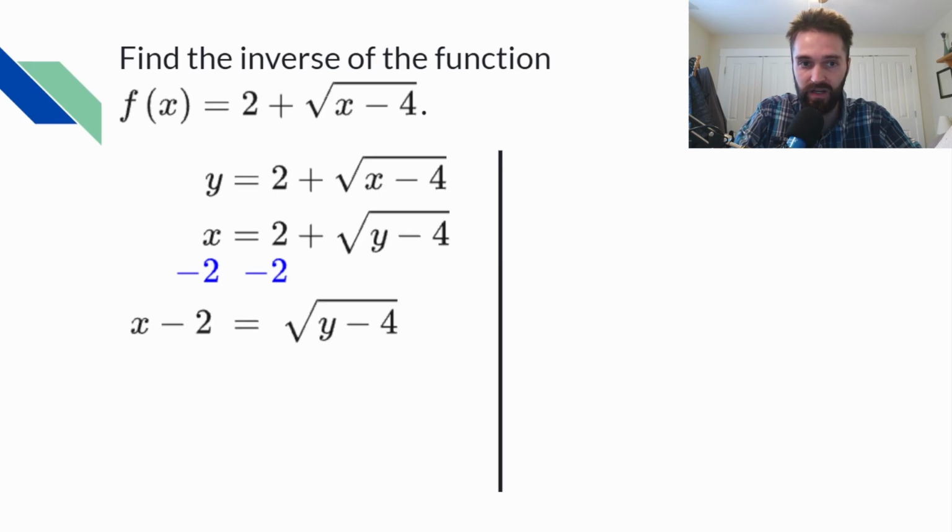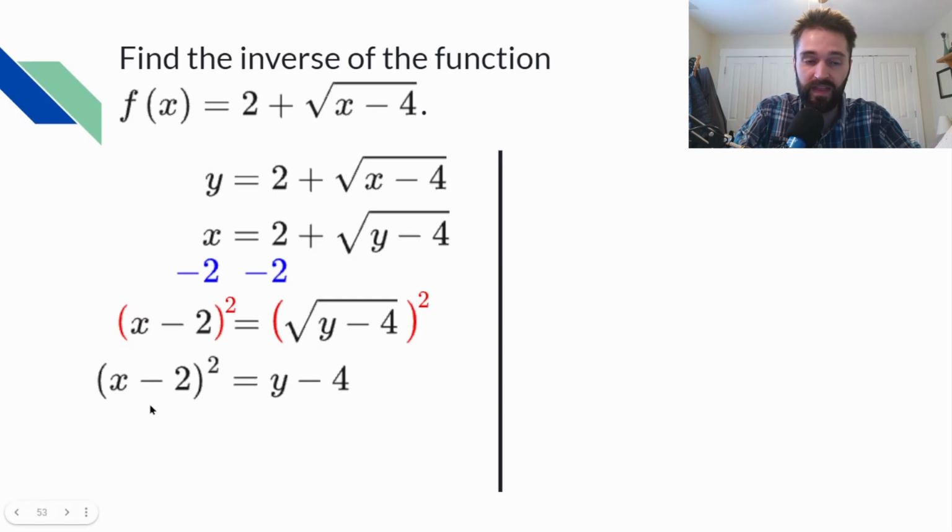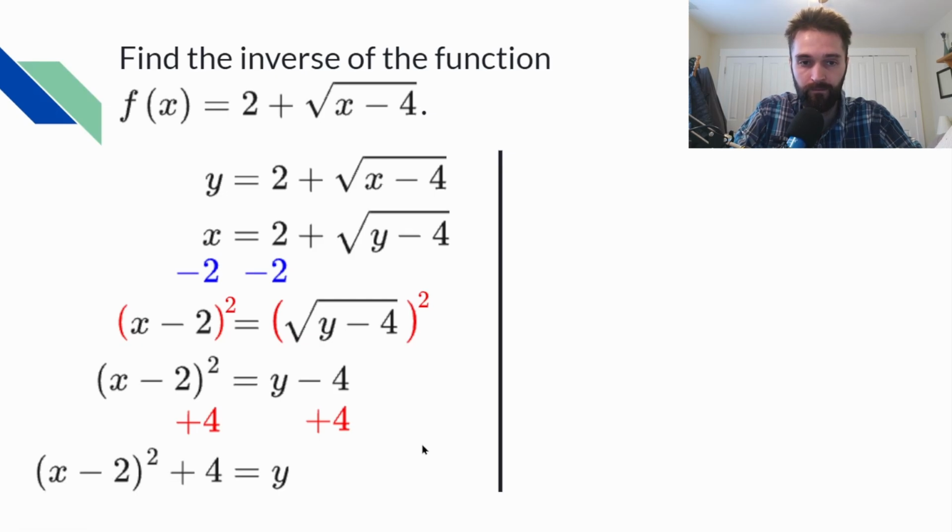And that gives us x minus 2 equals the square root of y minus 4. To get rid of this radical, we need to square both sides. And that gives us y minus 4 on the right-hand side. That's equal to x minus 2, the whole thing squared, on the left-hand side. y is almost isolated. We just need to add 4 to both sides to get it completely by itself. And that gives us y on the right-hand side.